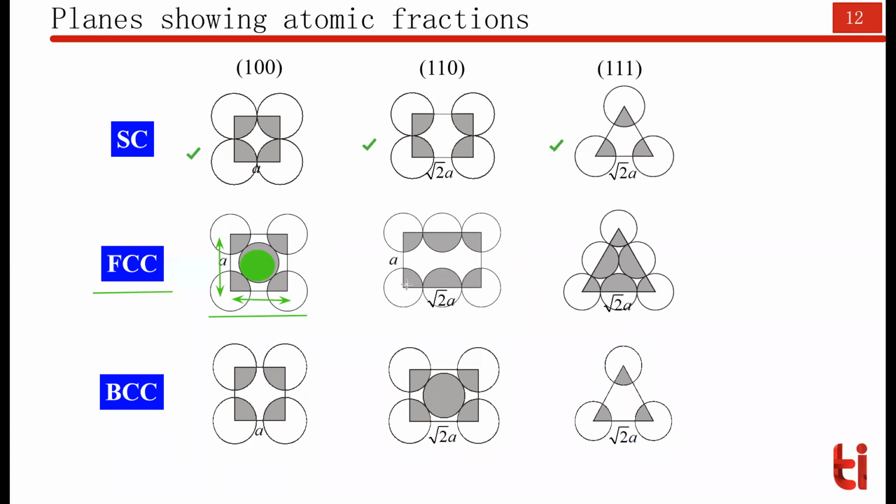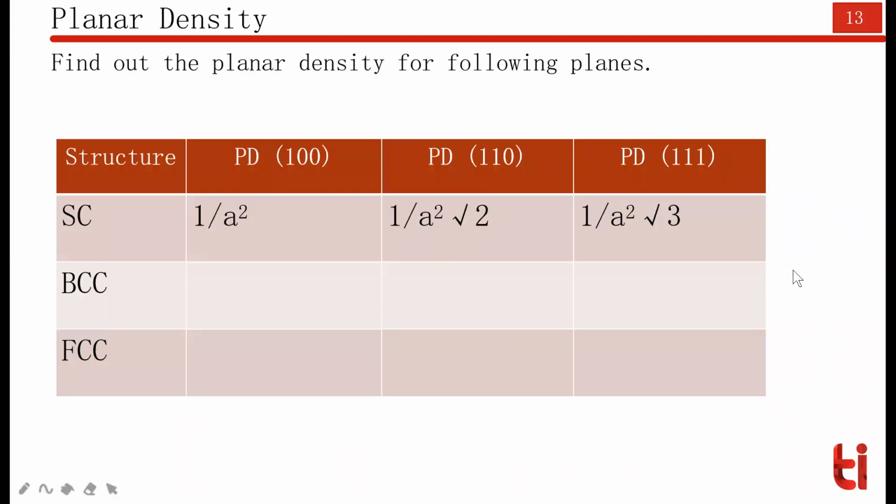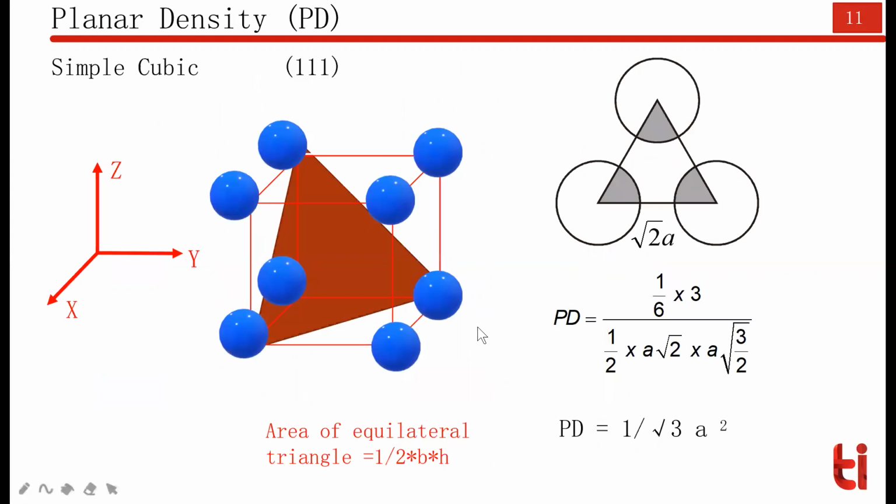And you know, if your line is passing through the face diagonal, let me show it to you on a 3D version. If your plane is running parallel to the face diagonal, let me show it here. It will run parallel to the face diagonal.